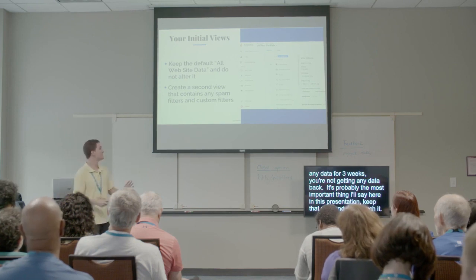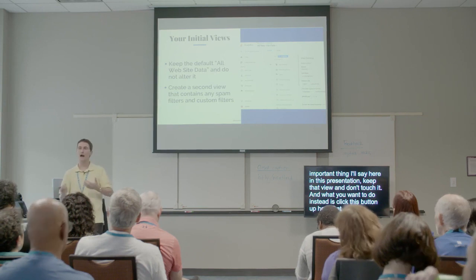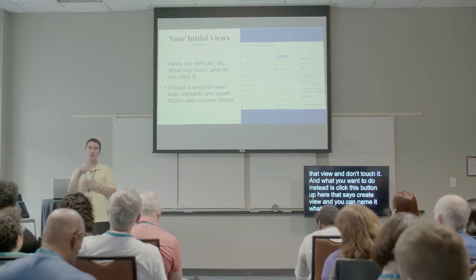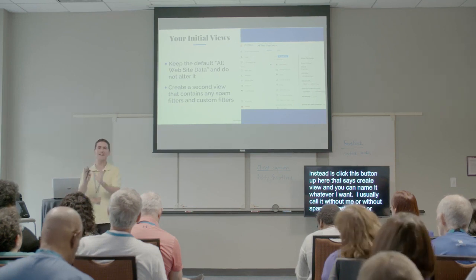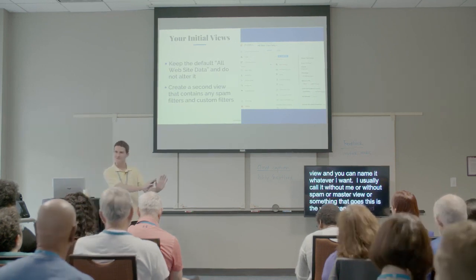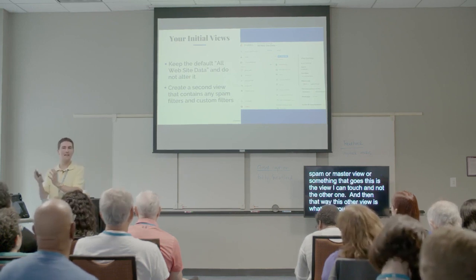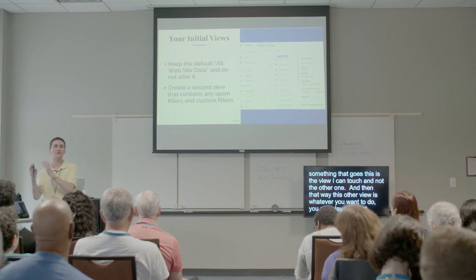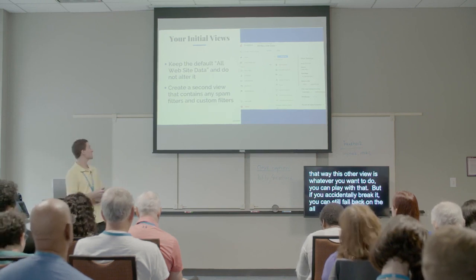What you want to do instead is click this button up here that says Create View, and then you can name it whatever you want. I usually call it Without Me, or Without Spam, or Master View, or something that says, okay, this is the view I can touch and not the other one. That way, you can play with this view, and if you accidentally break it, you can still fall back on the All Website Data in case you need that data.